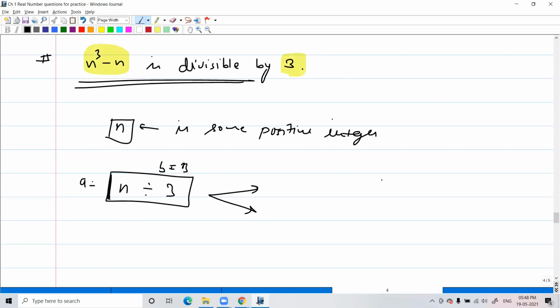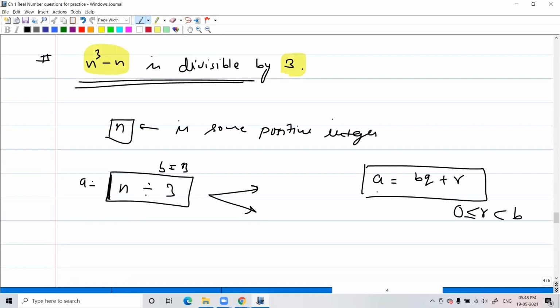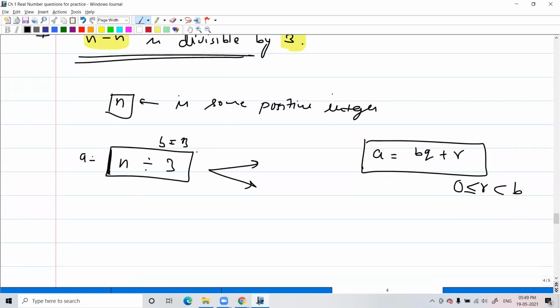All of you remember a and b of Euclid's division lemma? You can represent any number a as bq plus r, where r is greater than or equal to 0 and less than b. This is the representation of any number. So if I do a division by 3, then n can be written as 3q plus r.